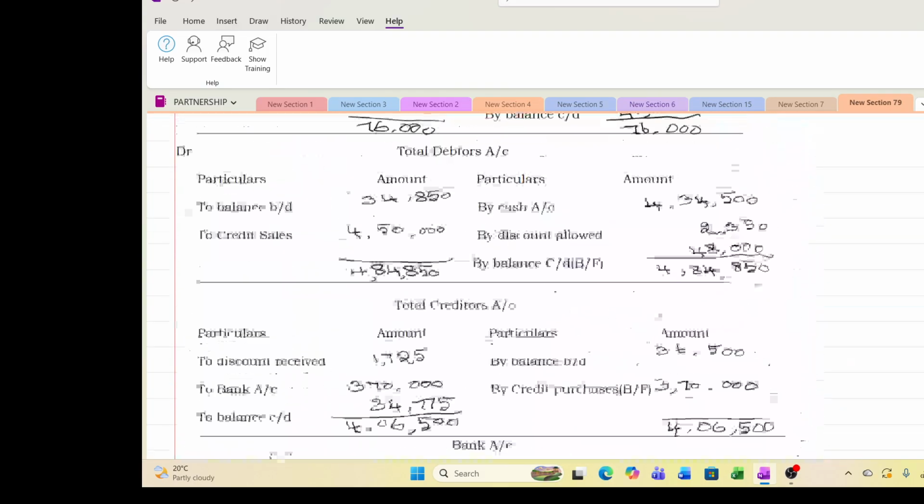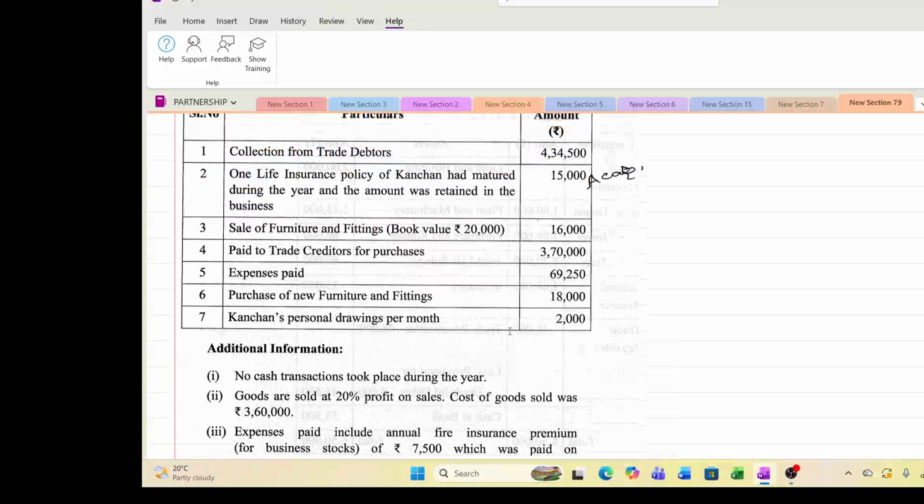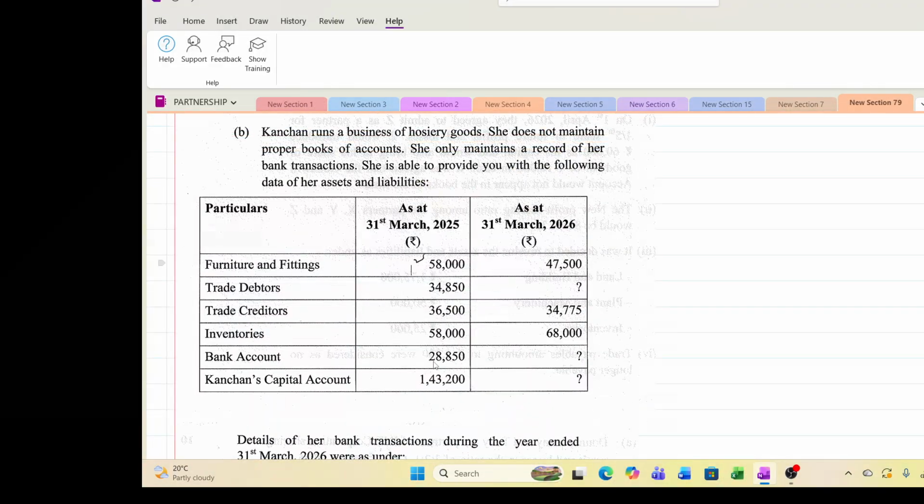Okay. Next, moving on to inventories. Don't make any hurry. You can write it properly, step by step. You will end up with a very good solution. You will not have to worry about anything. Inventories, opening and closing is given.